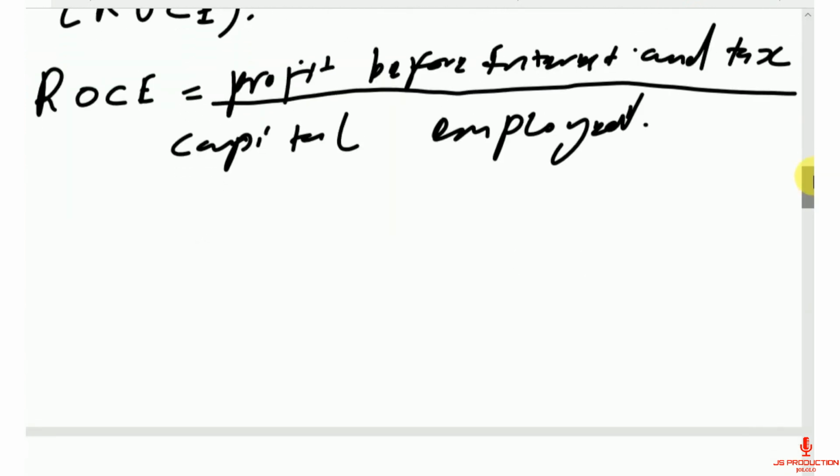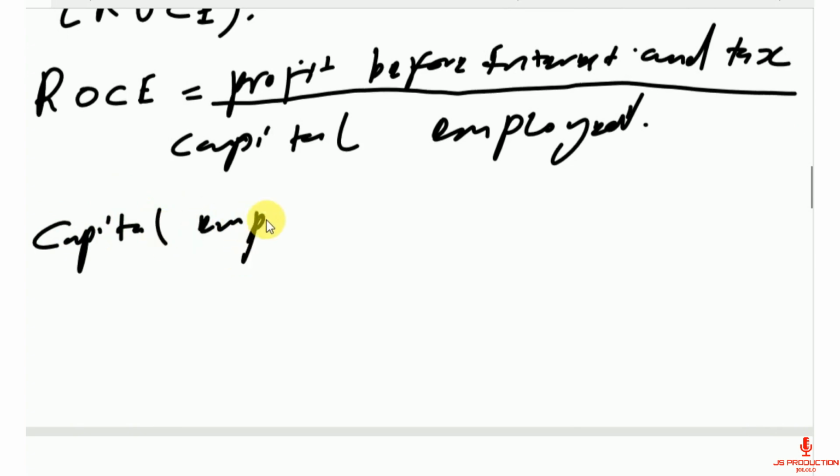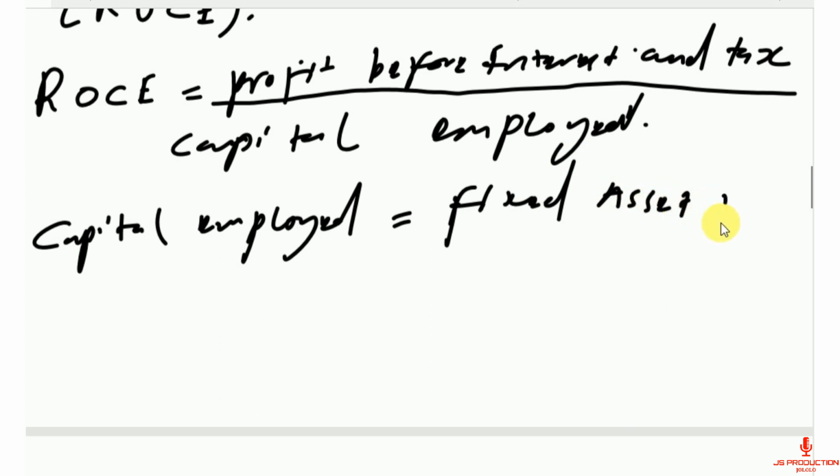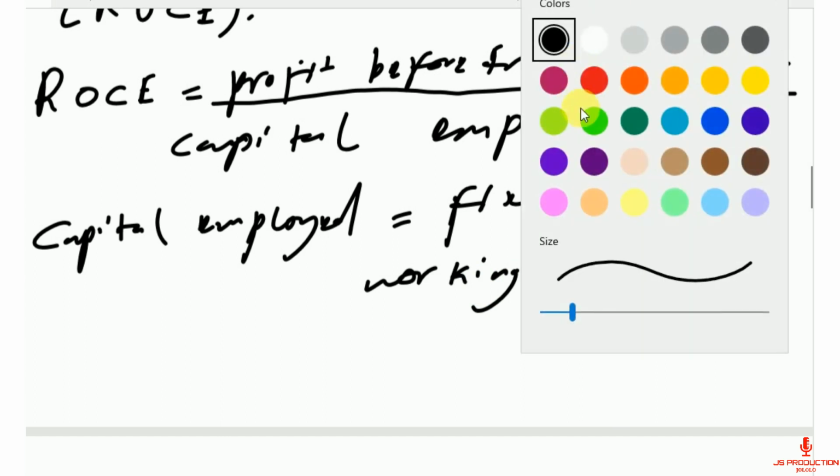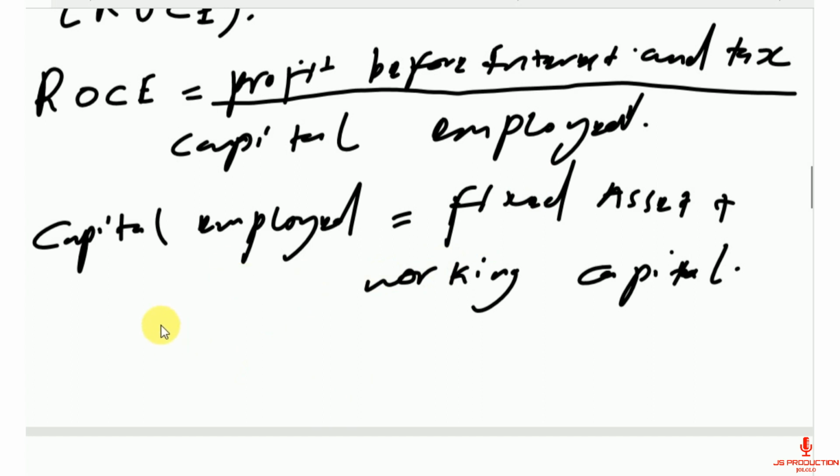And we know that we can find our capital employed: capital employed is equal to fixed assets plus working capital. So that's the formula for finding capital employed.